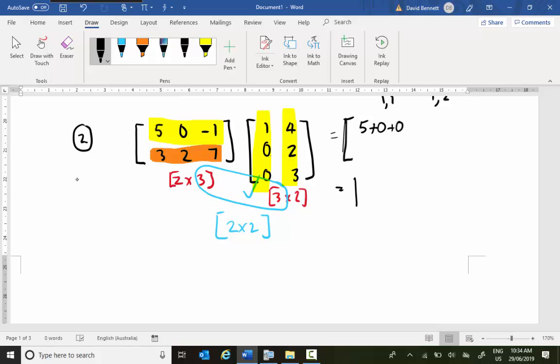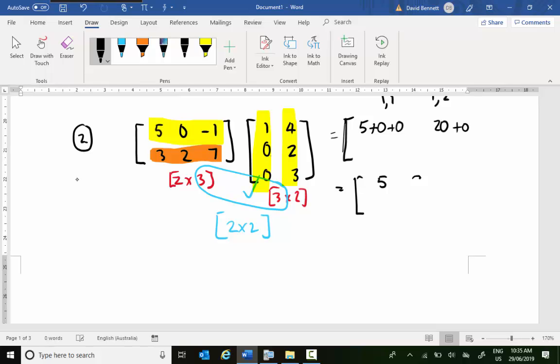Now, sometimes what I do is I actually like to do this as I'm going. And that way I'm treating it step by step. The next thing is I'm going to have 5 times by 4. Row number 1, column number 2 is going to give me position 1, 2. So that's going to be 5 times 4 is 20. Over here, 20. 0 times by 2 is 0.